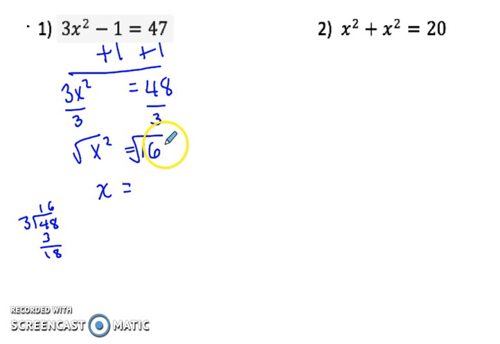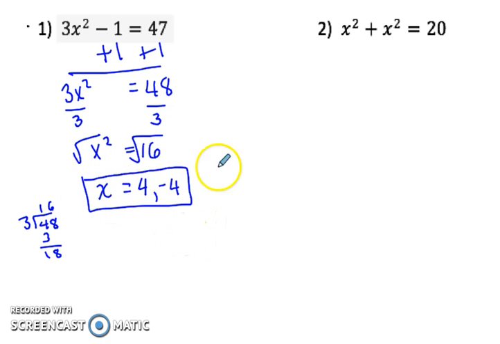And then if I do the square root of 16, remember a few lessons back we talked about how, yes, that equals 4, but also there's a second answer because -4 times -4 also gives me positive 16. So -4 would also be a solution to this equation. So most equations that we've done so far only have one solution. When there are exponents, your equation will have 2 solutions.